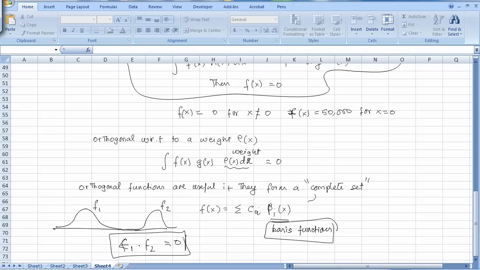So functions which have local support, that means they are nonzero only over a small region of space, are very nice because it's easy to get orthogonality. Finite element methods and most approximation schemes rely upon orthogonal functions to keep our problems reasonably simple.